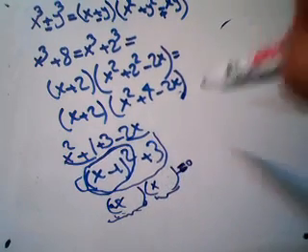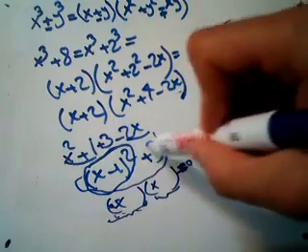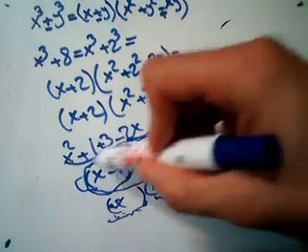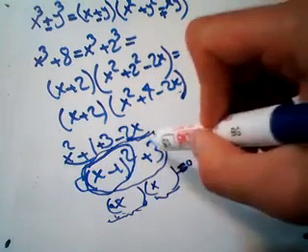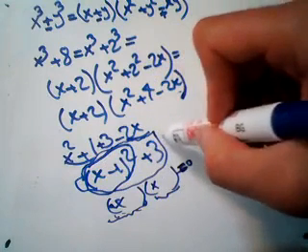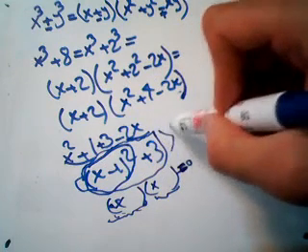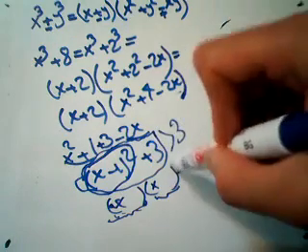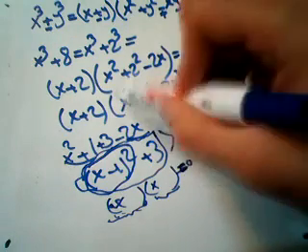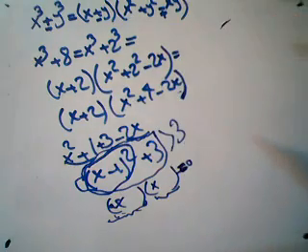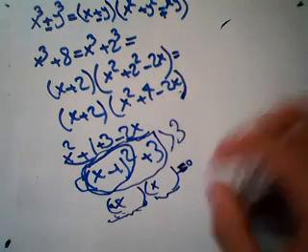So it doesn't have the chance to become 0, because it is always greater than 3. So we cannot factor this. Okay. Let us do another example.